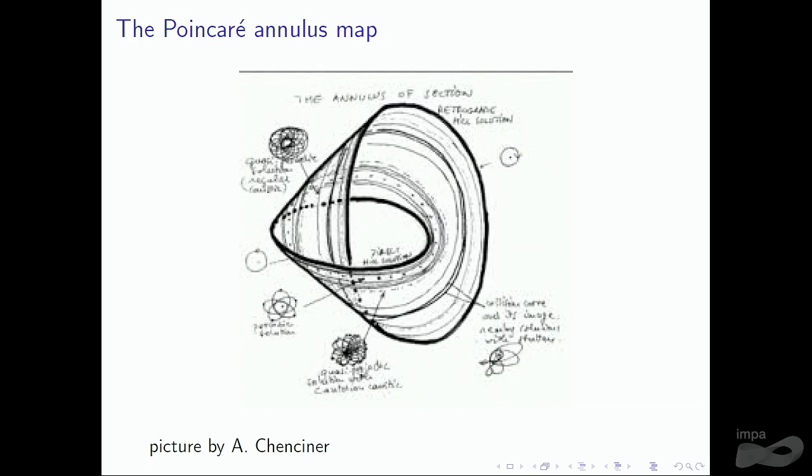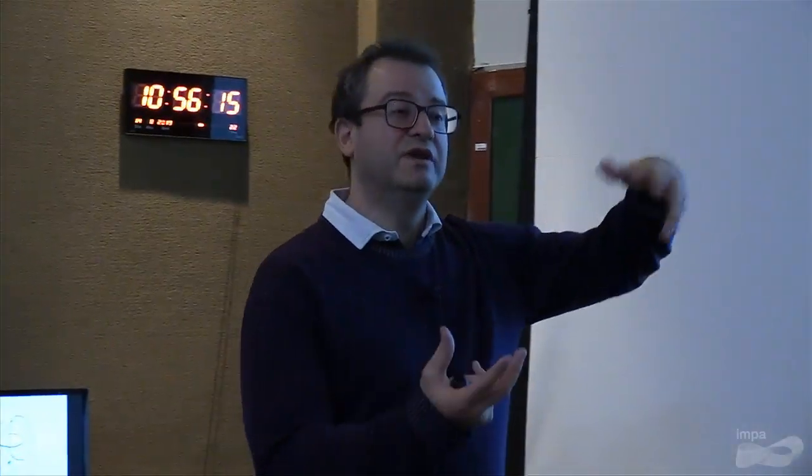So let me just recall the statement. You have an annulus map, which preserves area, preserves orientation, the boundary components, all these topological conditions, and it twists the boundary in opposite directions. And you must have these two fixed points.